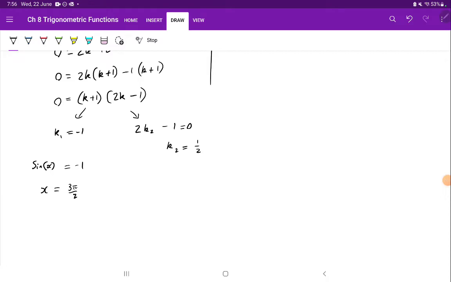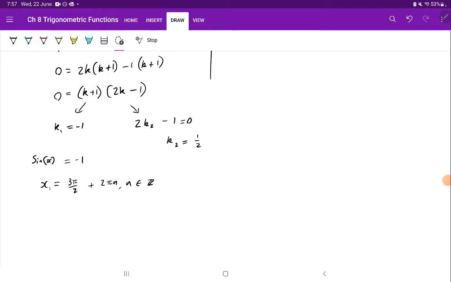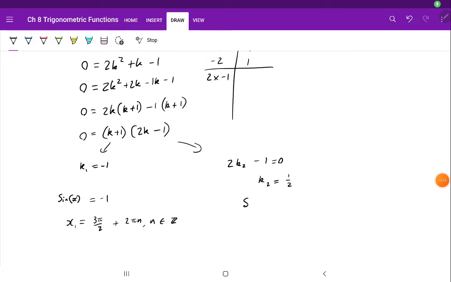But as with all of these things, these have general solutions. So just for completeness, I'm going to put plus 2 pi n for n some integer. Alrighty, let's now repeat this, but for when it equals a half. I still haven't figured out any of the solutions just yet, but we'll be getting there very soon. So this gives us sine of x equals a half. Now this does appear in a triangle, so let's draw up our triangle.